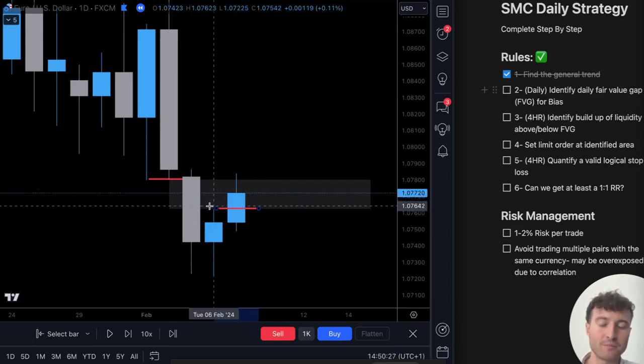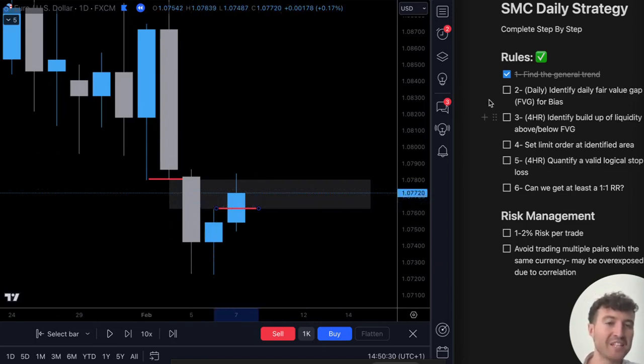Yes, there is. So we can identify a daily fair value gap to the downside, indicating our bias, which is sells to the downside. So we understand we are sell bias on this market.